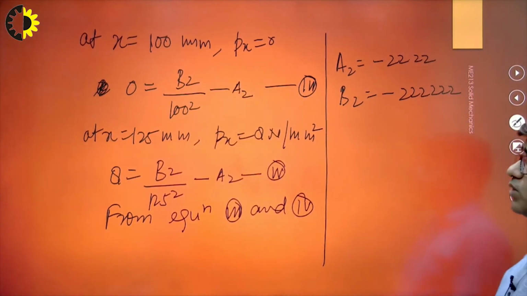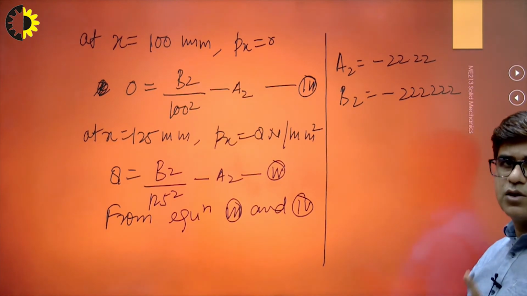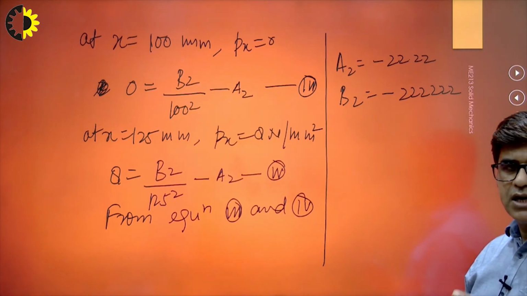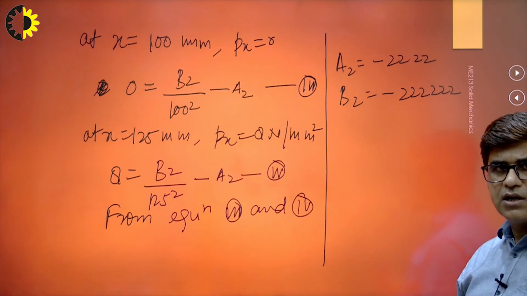So once we know A2 and B2, we can find the hoop stress at the junction and the hoop stress at the inner radius of the inner tube.